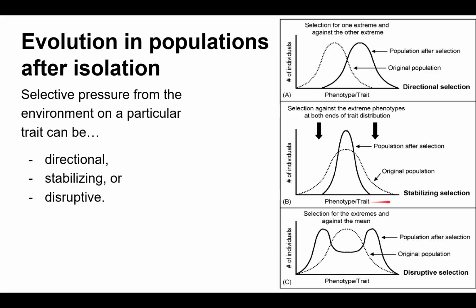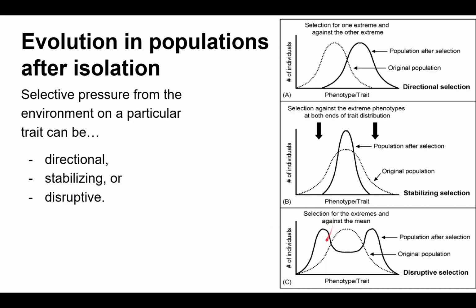That's not a particularly fit trait. If you lay only 1 or 2 eggs, you're not doing as many as you could, and birds that lay 4 are going to have more offspring, so they're going to be more fit as well. So we have a situation where too many eggs and too few eggs are both less fit than right on the mean. All right, so that's a stabilizing selection situation.